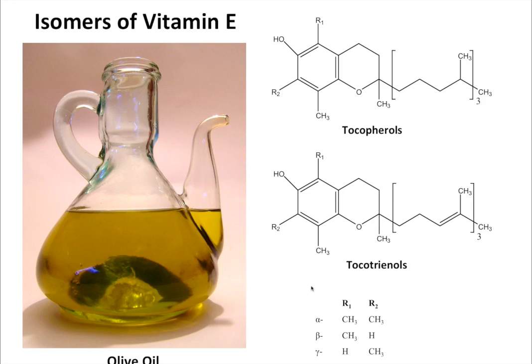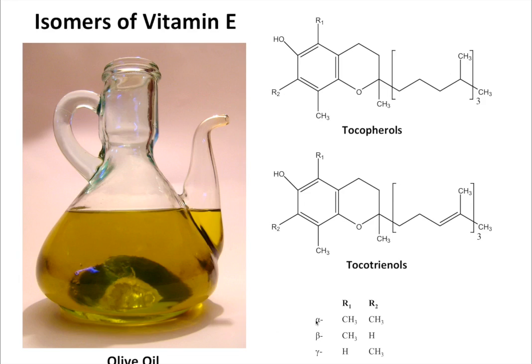So when we talk about the tocotrienols, the difference between them and the tocopherols, you can see right away that you basically have a double bond here in this long extended chain. And that's the main difference. Otherwise, the tocopherols and the tocotrienols have the same structure, and you can have 4 different types, at least that we're going to talk about here, 4 different isomers.